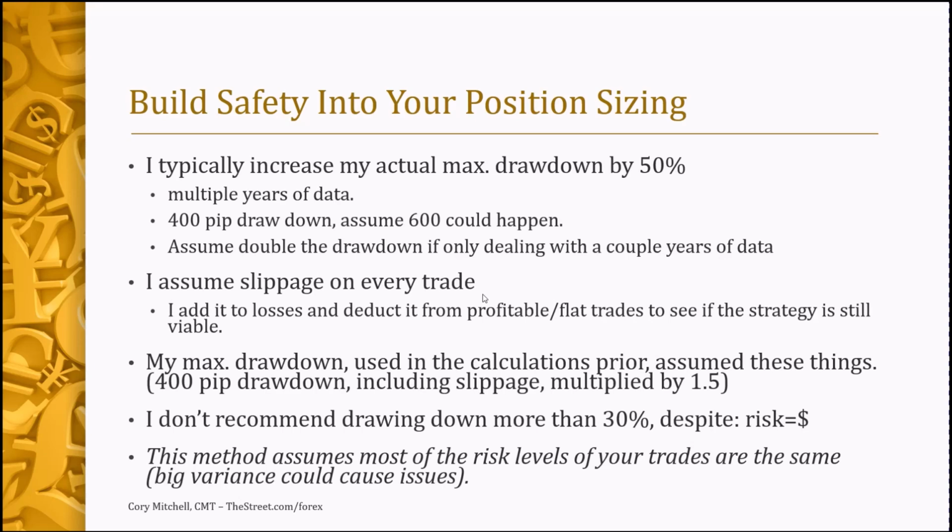The more robust you make your model and the more leeway you give it to account for really bad periods, the better off you'll be, because you're still going to end up with good position sizing, but you'll avoid that situation where you just get destroyed by something you totally didn't expect, which happens all the time.